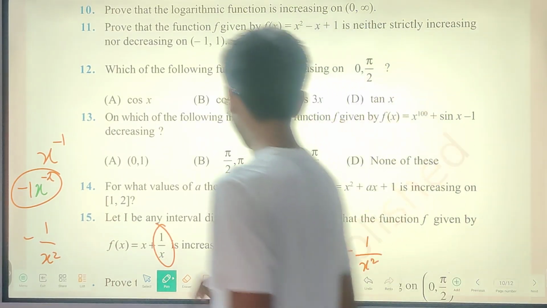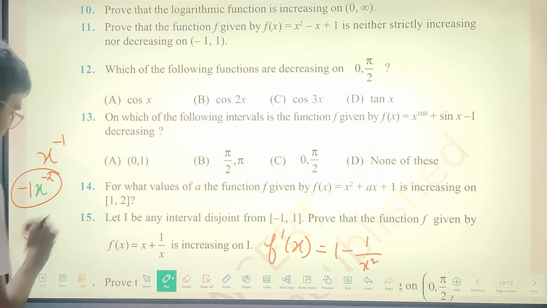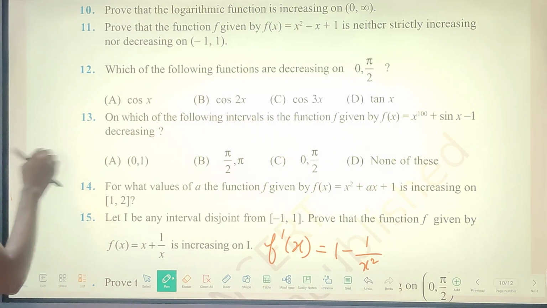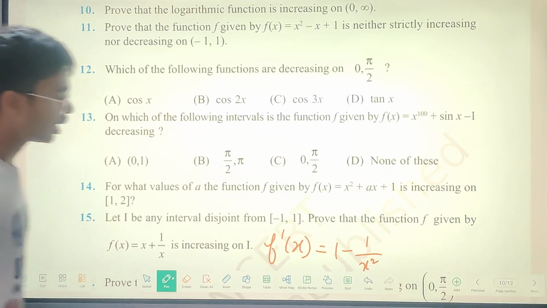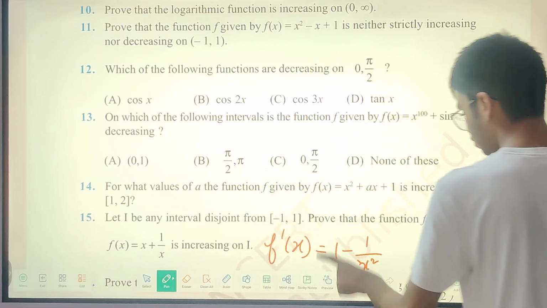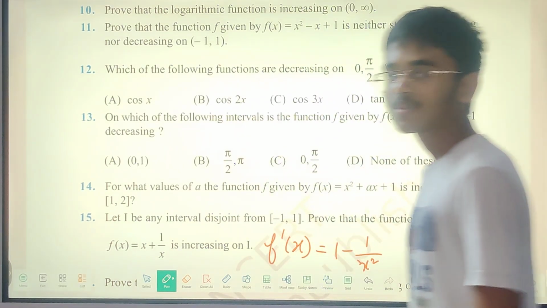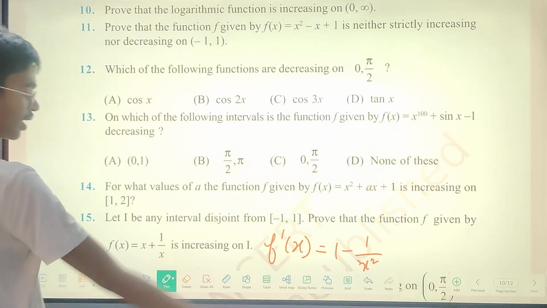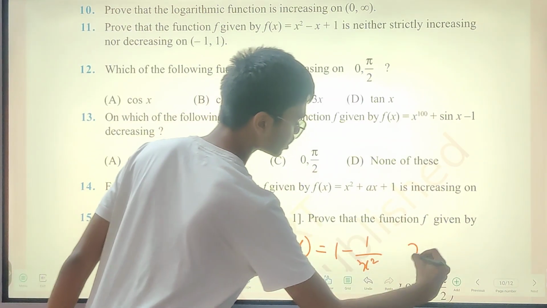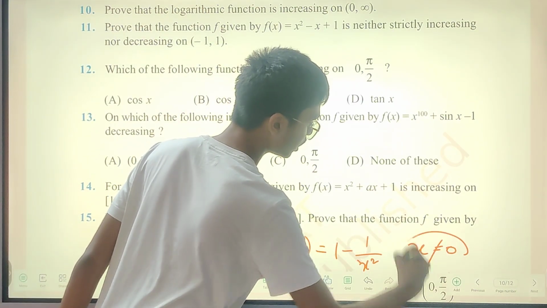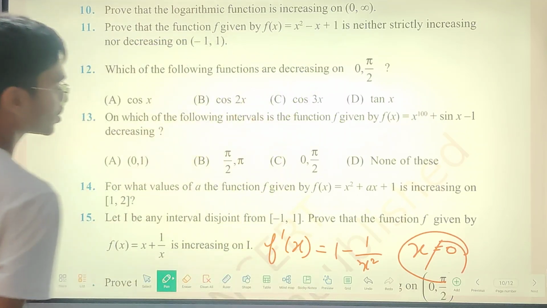Now what are they saying, guys? They are saying we have to prove this entire thing is increasing. So then just equate: x should not be equal to 0.